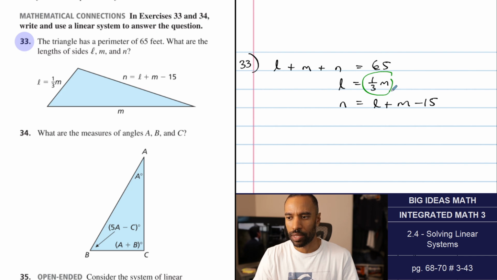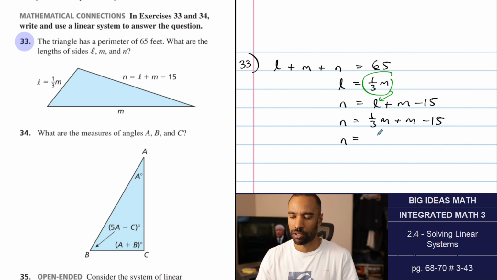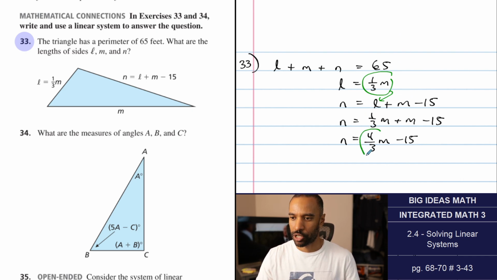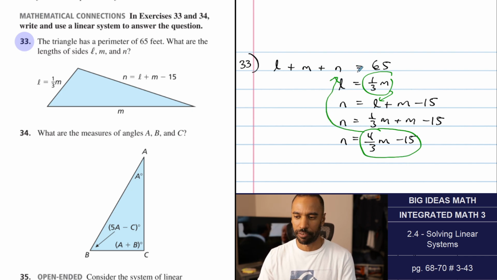Well, let's do this. Substitute 1/3 M right there. So now you'll have N equals 1/3 M plus M minus 15. I know it's a fraction. I'll just deal with it for now, and then I'll take care of it later. 1/3 M plus M is 4/3 M. So now I can take this expression, substitute it in for N. Let's use a different color.